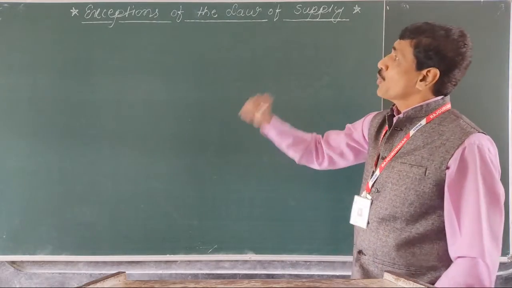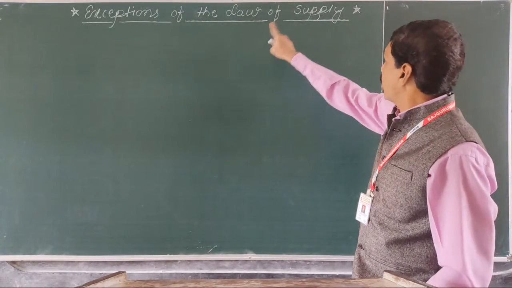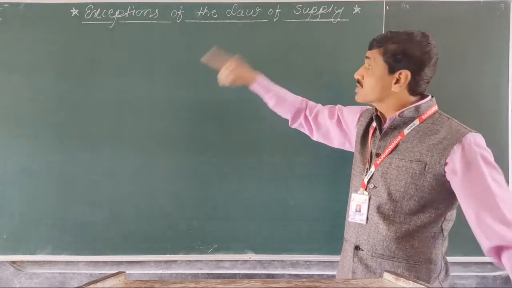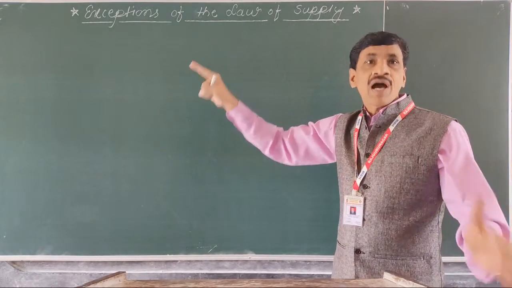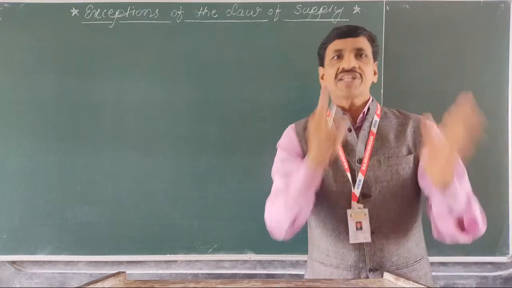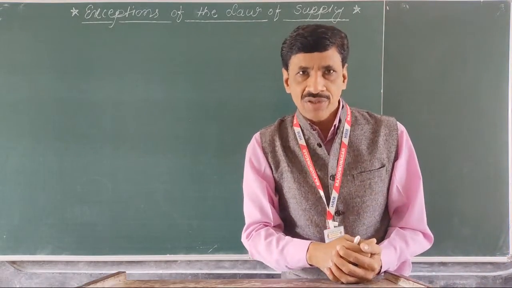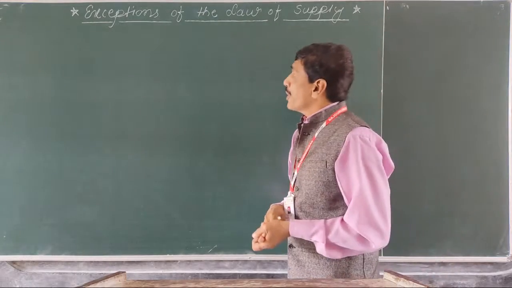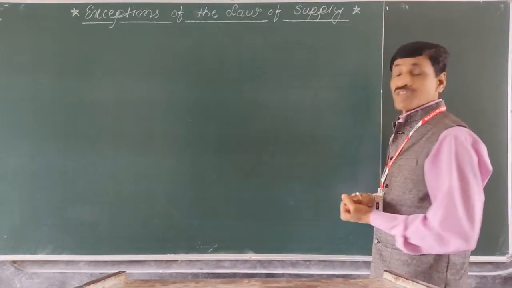And so what are the exceptions to the law of supply? That means situations against the law of supply, presented by Dr. Alfred Marshall. So what are the main exceptions to the law of supply?